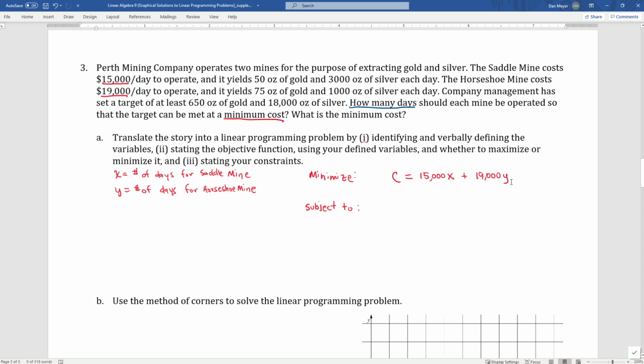I guess we can't operate for a negative number of days, and so we're always going to have these first quadrant constraints. But all right, if I want to minimize my cost, let's just not operate the mine. But we can't not operate the mine because we have to get a certain amount of gold and silver.